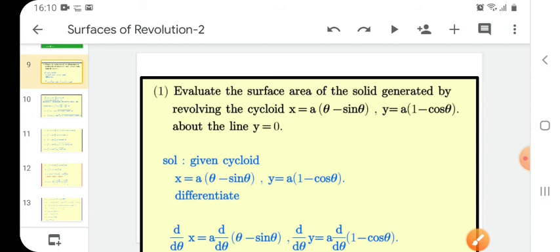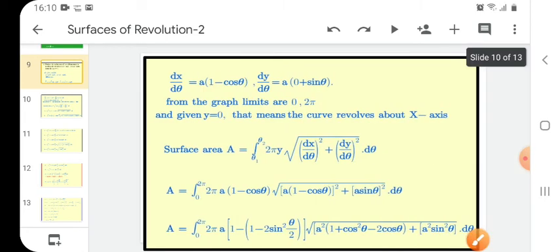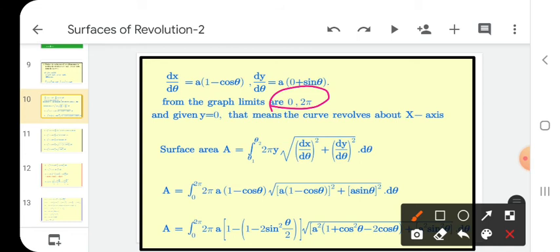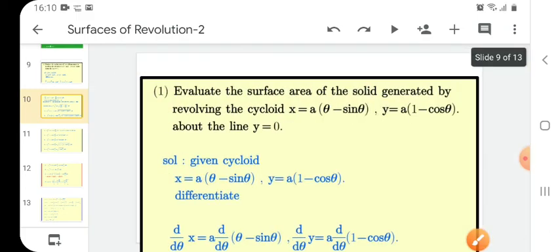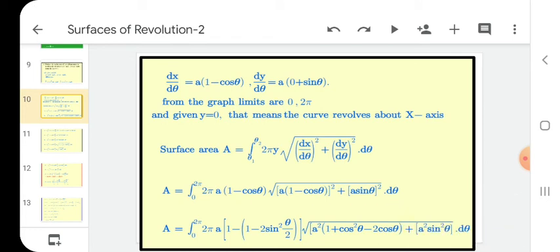This is the formula of surface area. Here I find the dx by d theta and dy by d theta values. From the graph, the limits are 0, 2 pi. And we write the f of x value. But what is f of x here? Y. From the data, what is y? A into 1 minus cos theta. Now I substitute all values in this formula, then simplify.